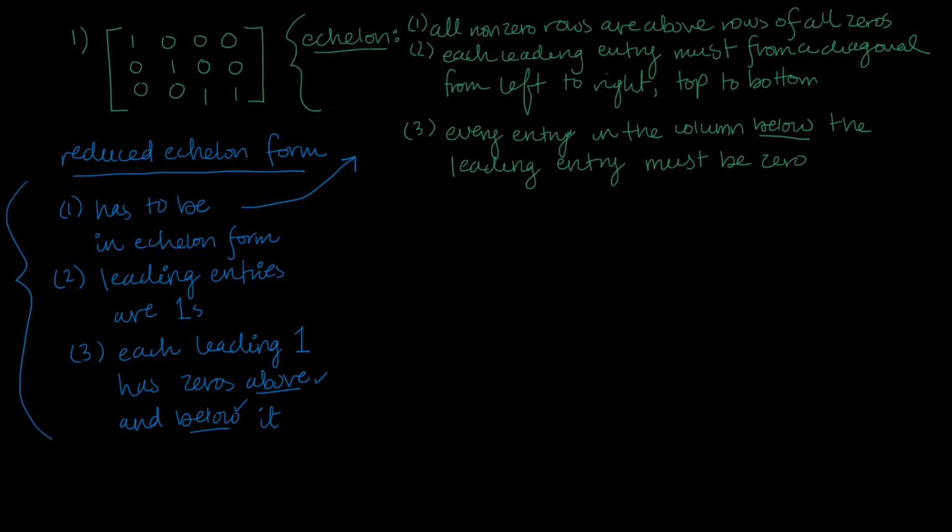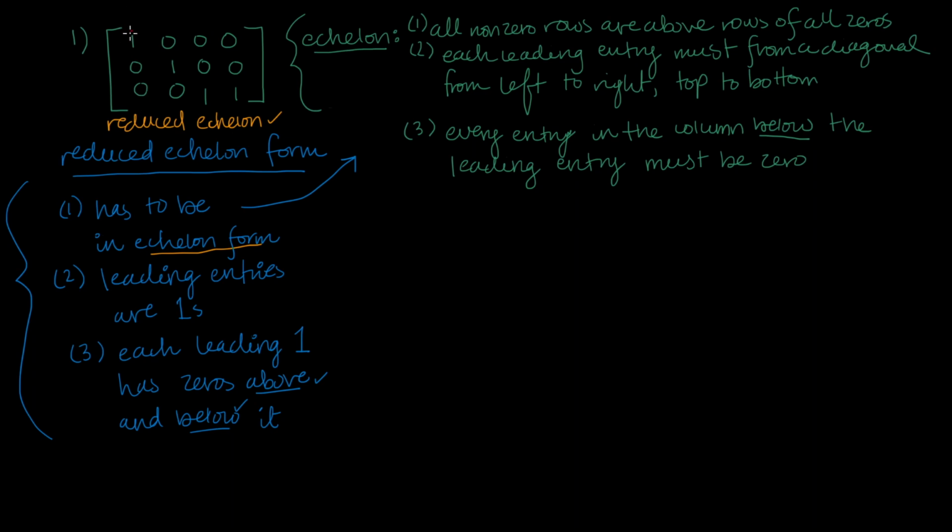We can say that this matrix right here is in reduced echelon form. And because it's in reduced echelon form, it must also be in echelon form. But this is the more specific case, so we're going to go with that as the answer. Now let's examine why this matrix is in reduced echelon form.